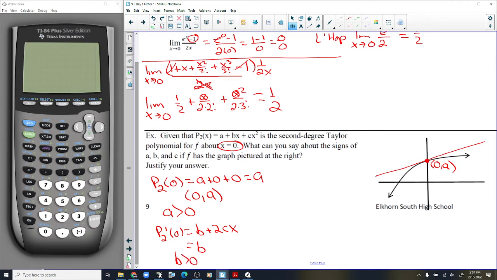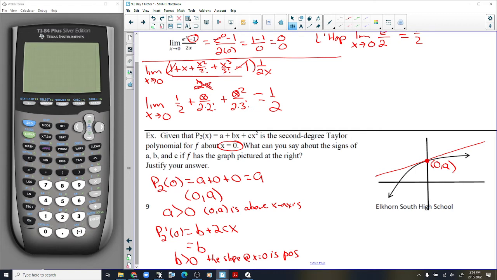Now it says justify. (0, a) is above the x-axis. The slope at x equals 0 is positive.